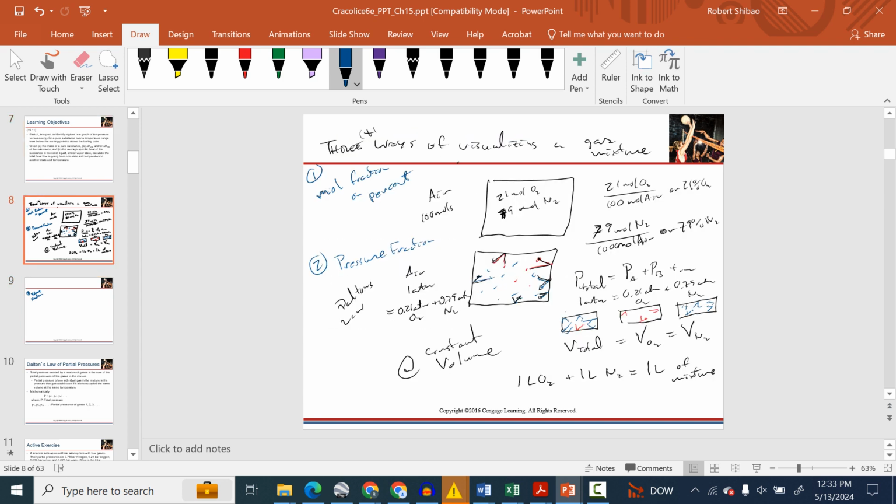I should say pressure fraction or percent. 21% of the pressure is generated by the oxygen. 79, or about 80%, is generated by the nitrogen.